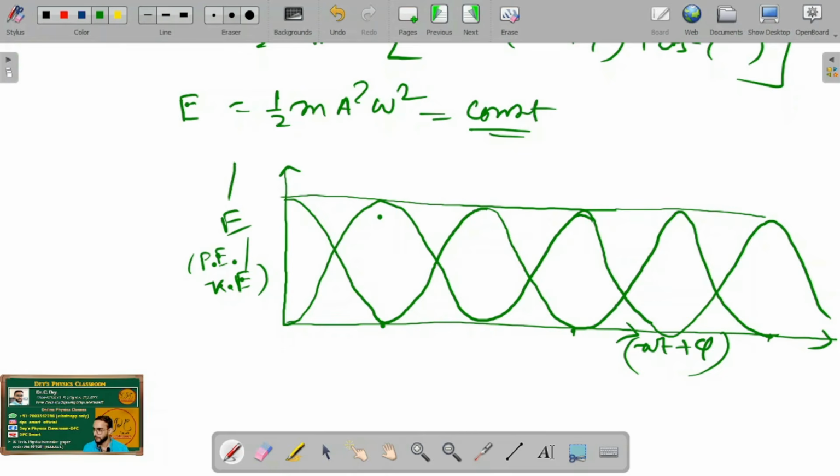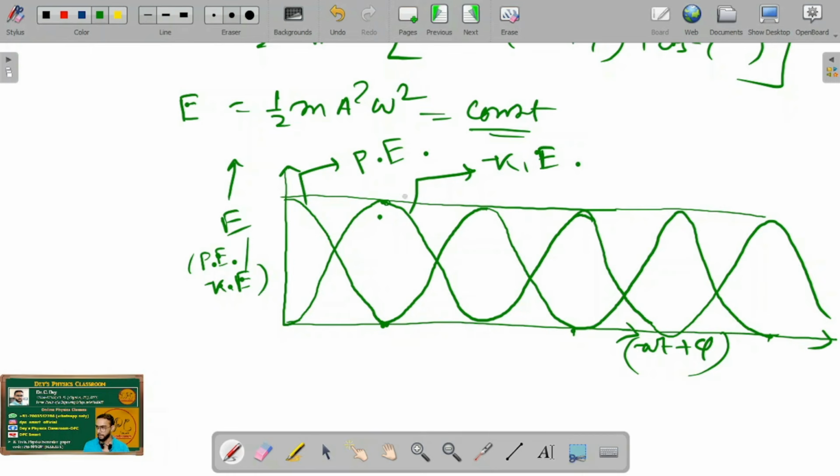If we plot E along the y axis and omega t plus phi along the x axis, this would be the plot of kinetic energy, and this one is the plot of potential energy. Whenever kinetic energy is maximum, potential energy becomes minimum.